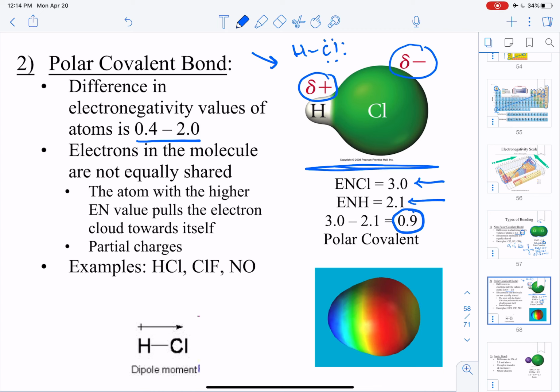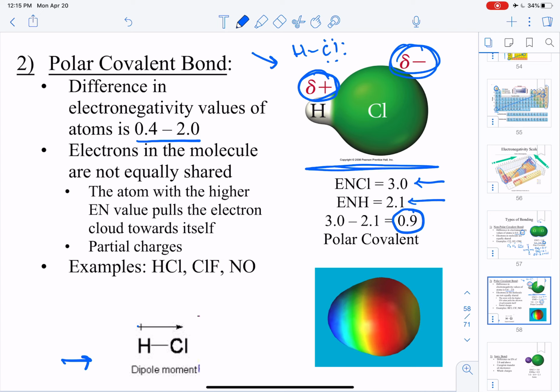And again, the electrons in the polar covalent bonds are not shared equally. The atom that has a higher electronegativity will pull the electrons towards itself more. And the other way that we can symbolize that we have poles is with a dipole moment. So that's down here. So what we do is we draw this little arrow that has a plus symbol on one end.